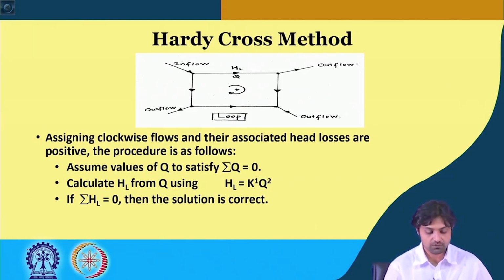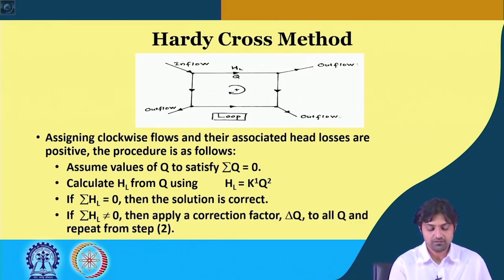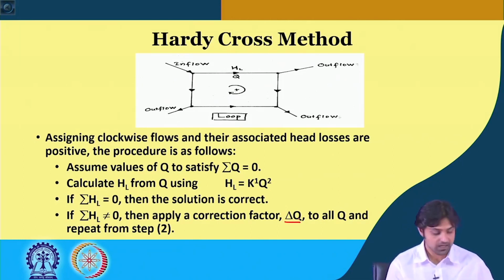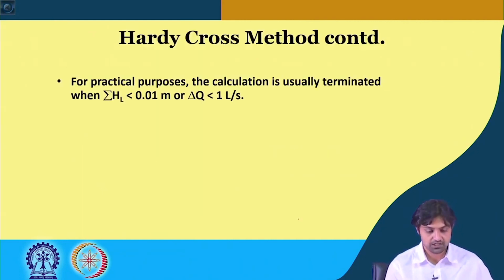If it is not equal to 0, then we apply a correction factor delta Q and we go to the next step. This delta Q is not arbitrary. We have a procedure in the Hardy-Cross method that will tell what delta Q is, but in principle getting the sum of all the head losses exactly 0 is not possible.